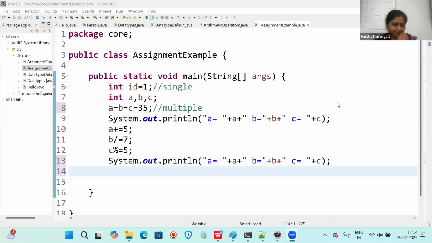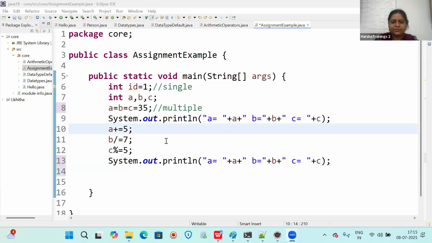Anyone? Can you tell what are the answers? A plus equal to 5 means what? Okay, someone has told A is 45, 0.